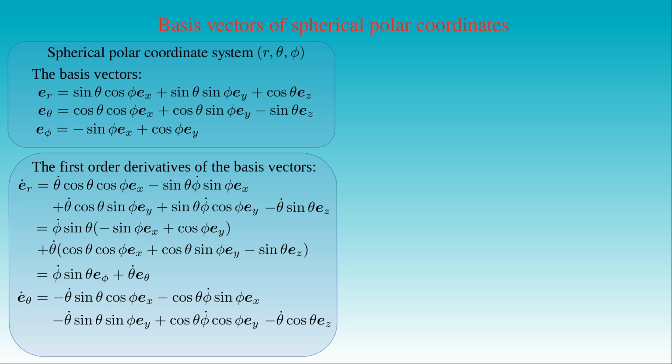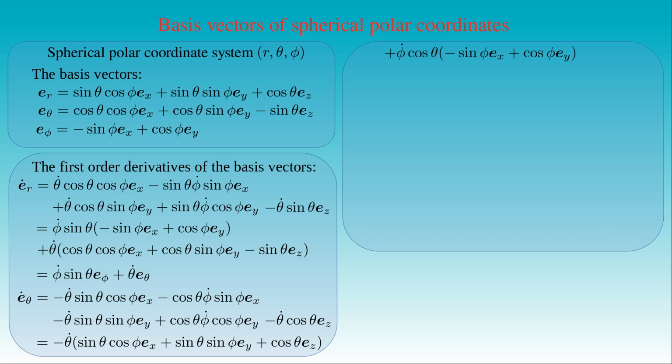If we factor out minus theta dot from the first, the third, and the last terms, we obtain minus theta dot times sine theta times cosine phi times ex plus sine theta times sine phi times ey plus cosine theta times ez. We can also factor out the term phi dot times cosine theta from the second and the fourth terms, which gives plus phi dot cosine theta times the sum of minus sine phi times ex and cosine phi ey.